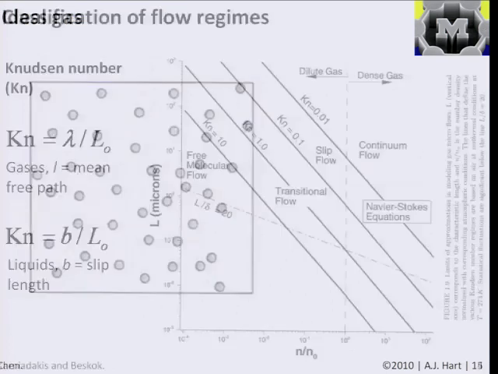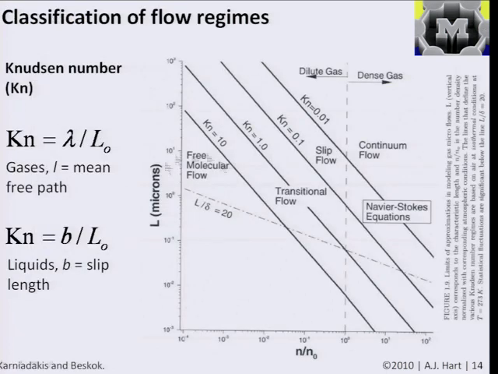And based on this definition of the Knudsen number for a particular gas, we can come up with a plot that tells us what flow regime we are in as a function of our characteristic length scale, the dimension of the system, and the relative density of the gas.